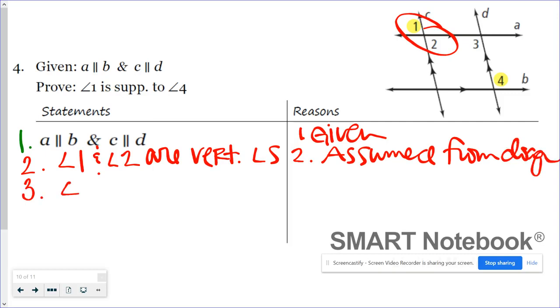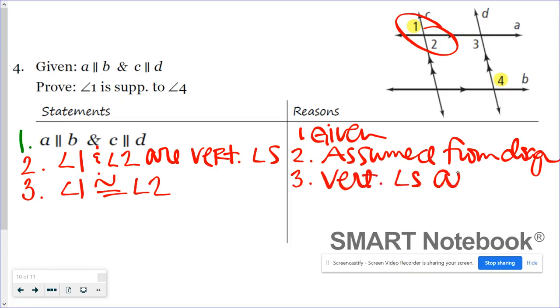And then we could say they're congruent to each other because vertical angles are congruent. Right, so angle 1 is in our proof.